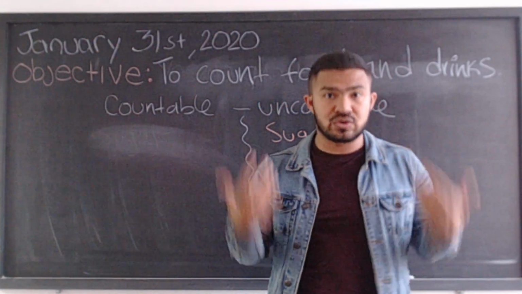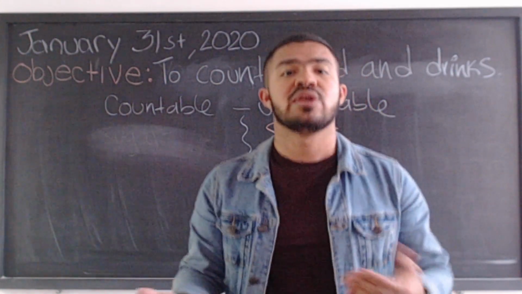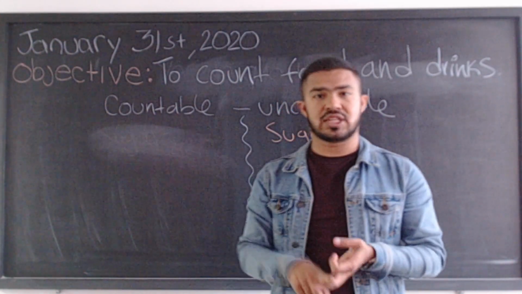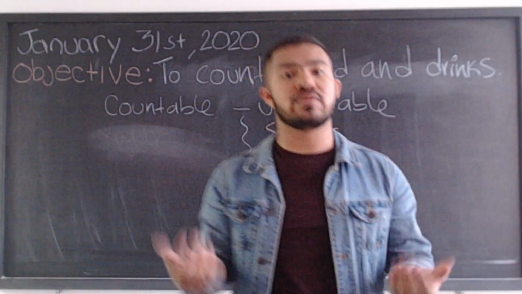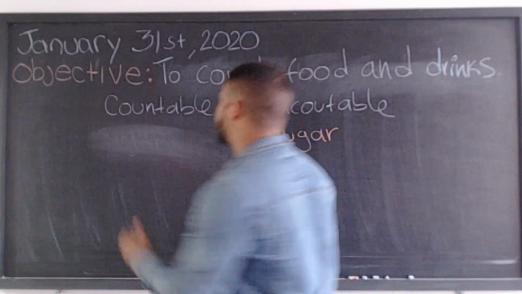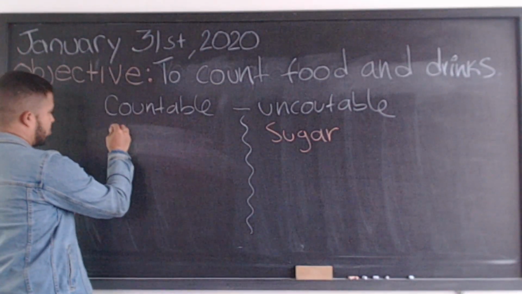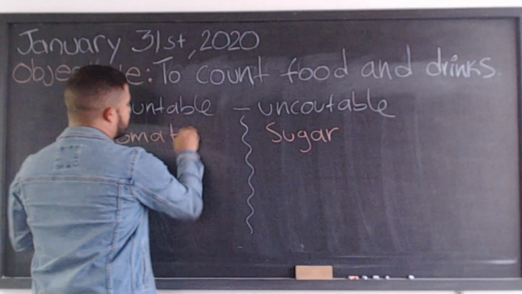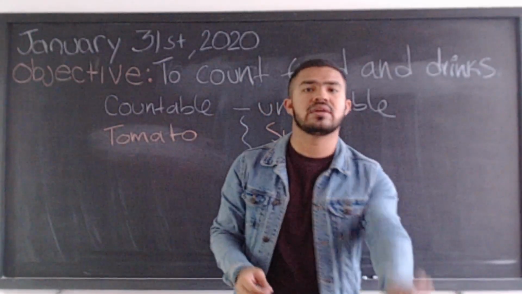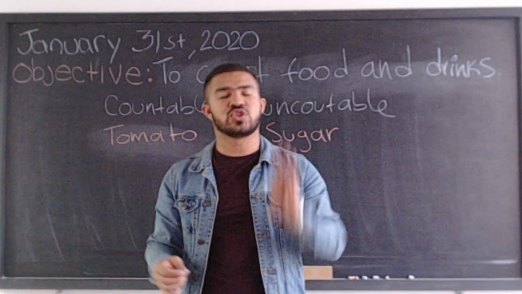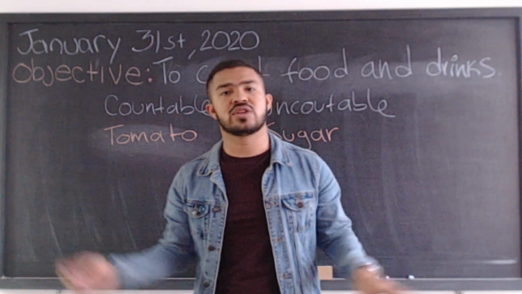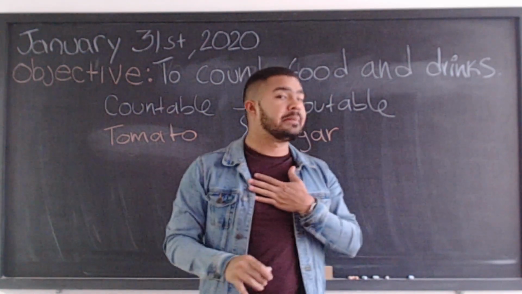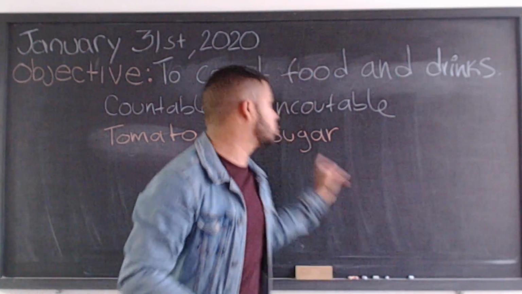If we want to count the sugar, we may use measurements like kilograms, grams, etc. On the other part, we can count tomatoes. So I can say 1 tomato, 2 tomatoes, 3 tomatoes, 4 tomatoes, 5 tomatoes, all the tomatoes we want to count. You see? I can count the tomatoes with my fingers, but I can't count the sugar with my fingers.